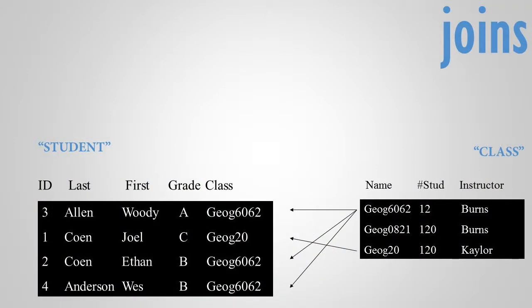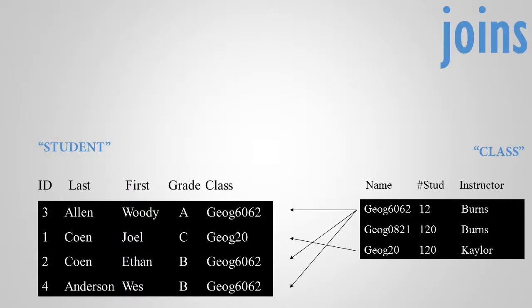But the primary key is going to enable you to link with different tables: tables about the courses that they've taken, tables about their financial aid status, tables about their personal lives, if you have information on that. That'll be a little creepy. But we're looking here at a join to the courses that they've taken. So we see here that Woody Allen has taken Geography 6062.